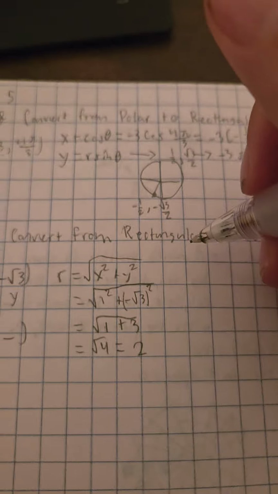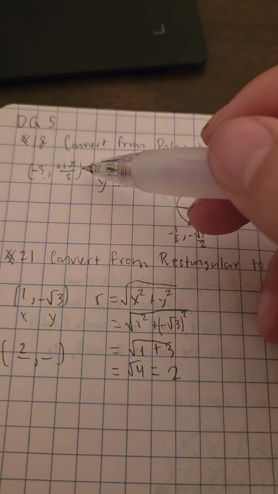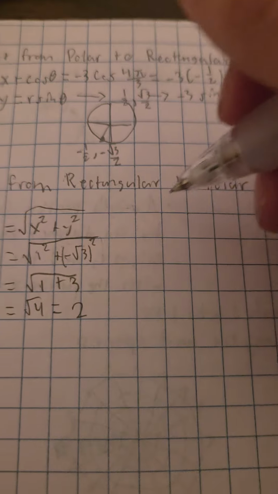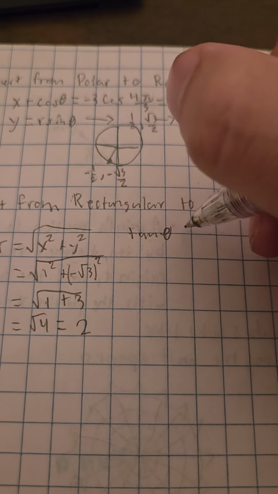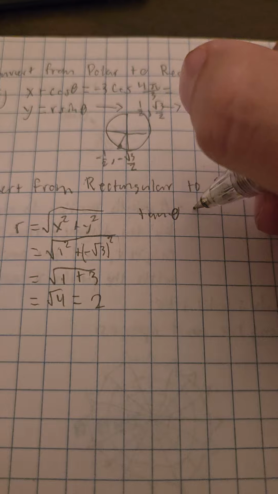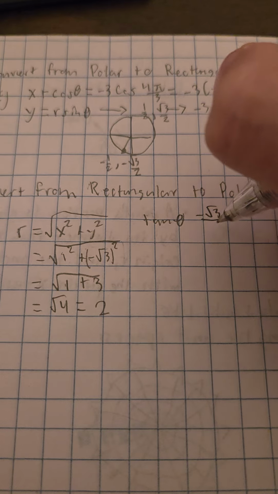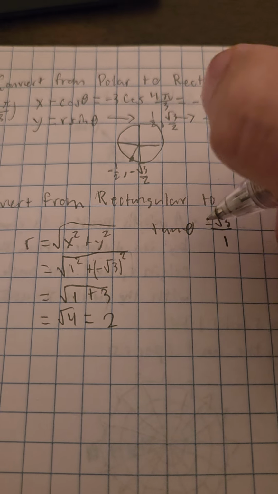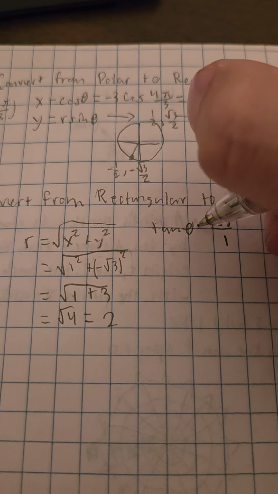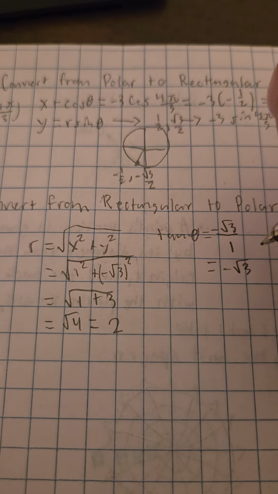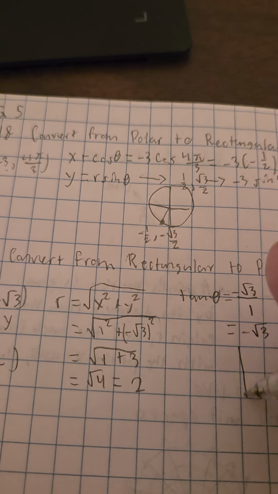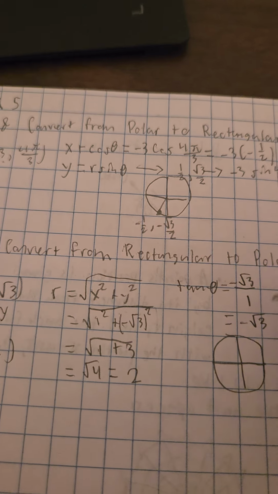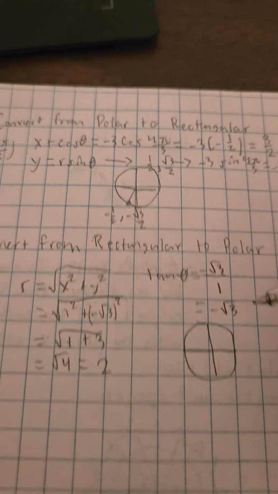The way we find our angle, our theta, is by doing tangent theta equals y over x, right? Well, our y was negative radical 3 and our x was 1. Well, that means that our value is negative radical 3. And now we have to think, where on a unit circle does our tangent add up to negative radical 3?